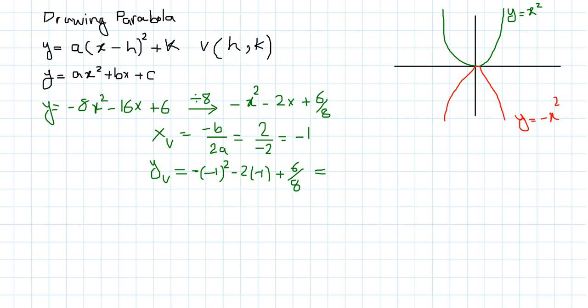It will be 1.75. It is the y of the vertex. 1.75. Now if we need to find the intersection with the y-axis, it will be y equals 0.75, or 6 over 8. We put x equals 0 here. Okay, now let's draw it.